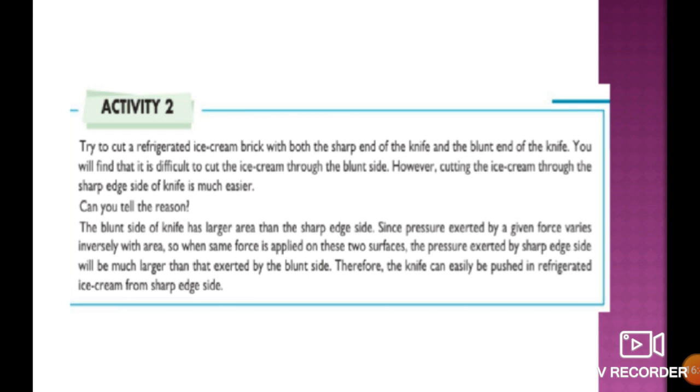Here area really matters, because pressure is force acting on a unit area. So if the area is small, the pressure will be greater, and if the area is larger, then the pressure exerted will be smaller. Okay, students.